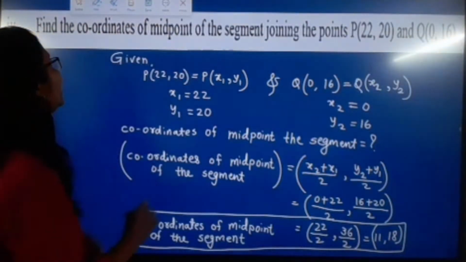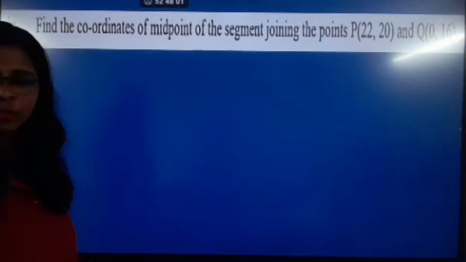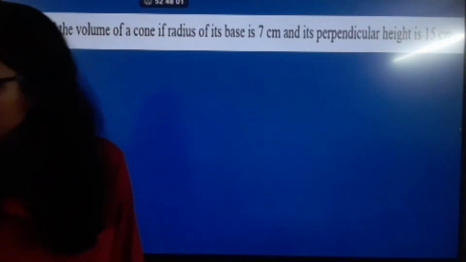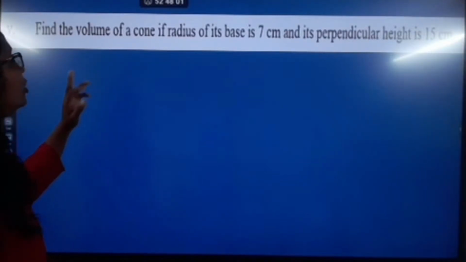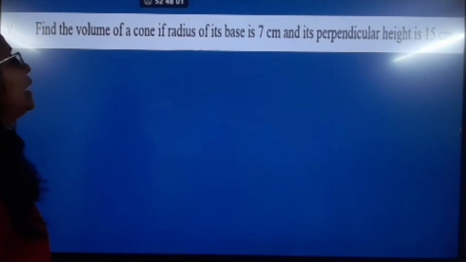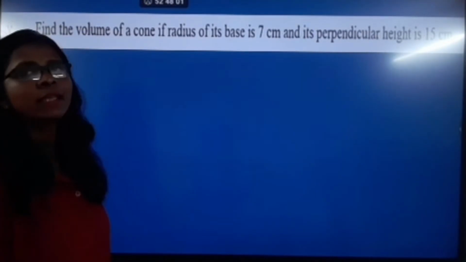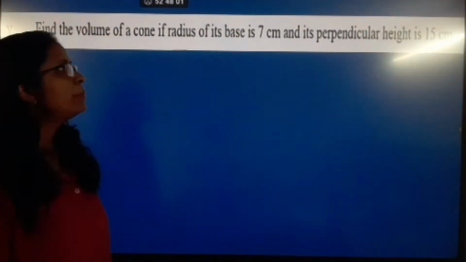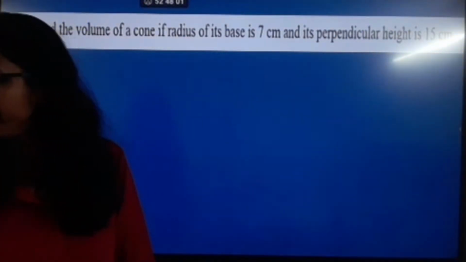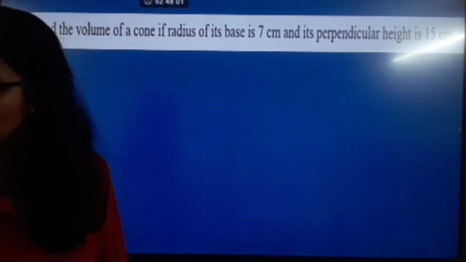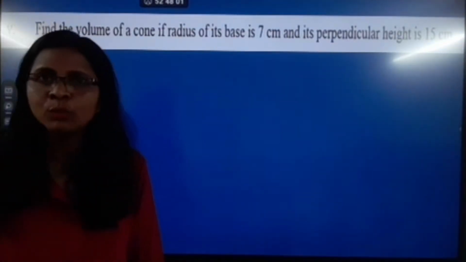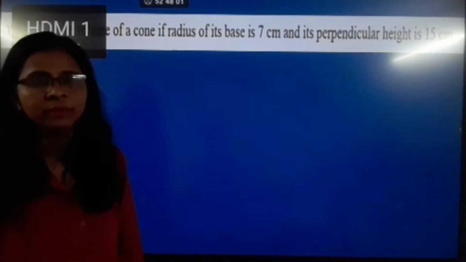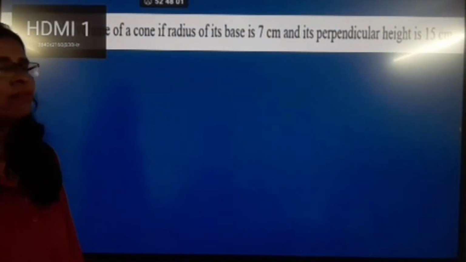Okay students. Then next one example. See the next one example, students. Find the volume of a cone if the radius of its base is 7 centimeter and its perpendicular height is 15 centimeter. Okay students. So now here, first we write down the given.